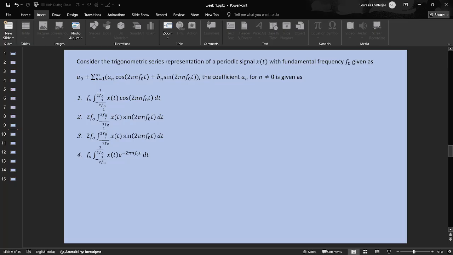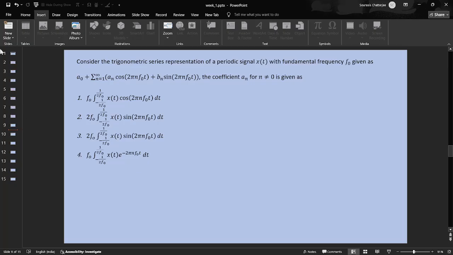So let us move to our next question here, which basically talks about if you have a periodic signal, you have a trigonometric series representation. That is essentially just another version of this Fourier series representation. You can see there you have Fourier coefficients, and on top of that you have complex sinusoids that can be separated into cos and sine part.